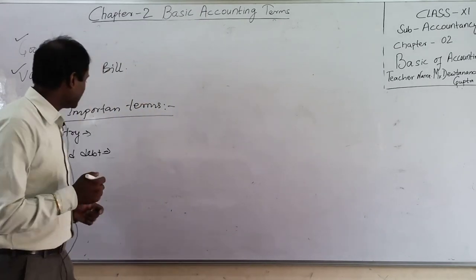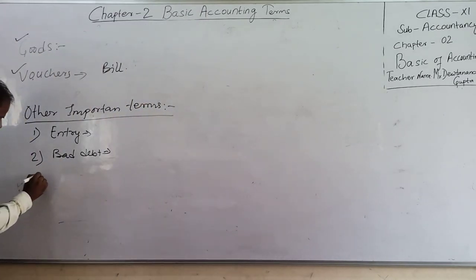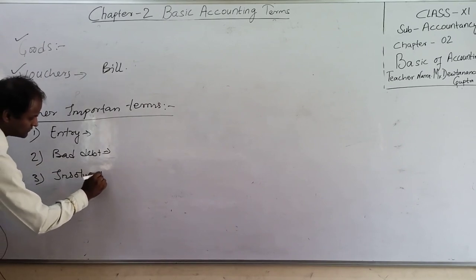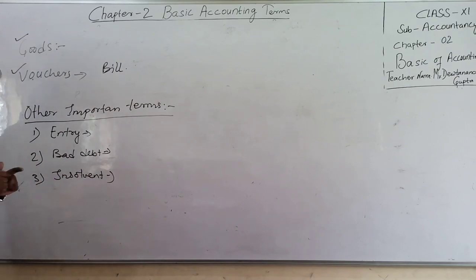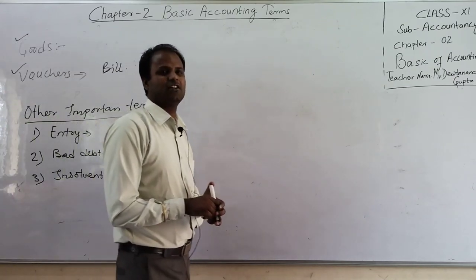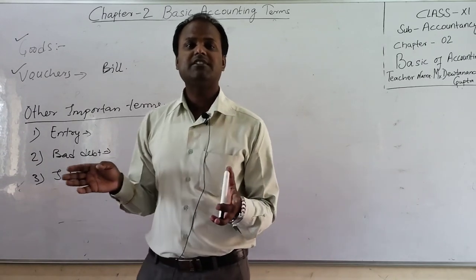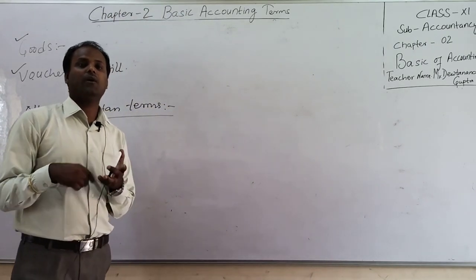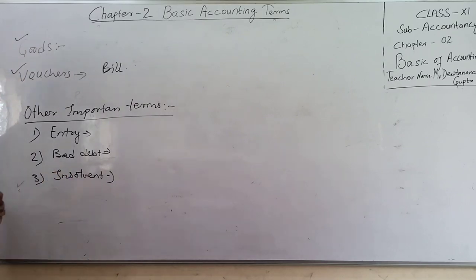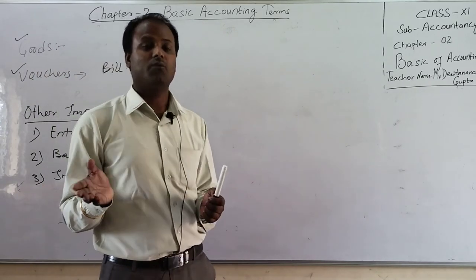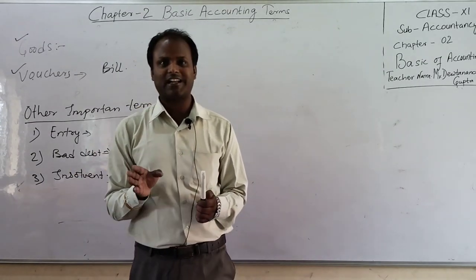Next one is insolvent. In your previous classes like 9 and 10, what does insolvent mean? It means something which is not soluble in water. But in accountancy, insolvent means something different from what you studied in science in class 9 and 10.